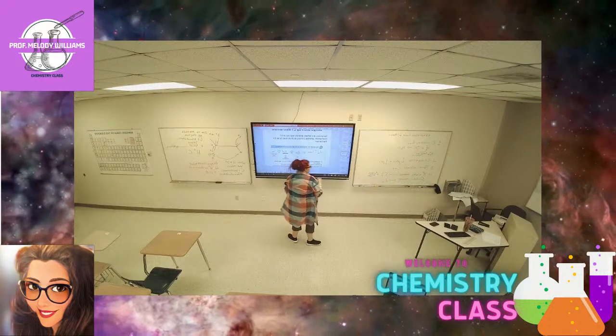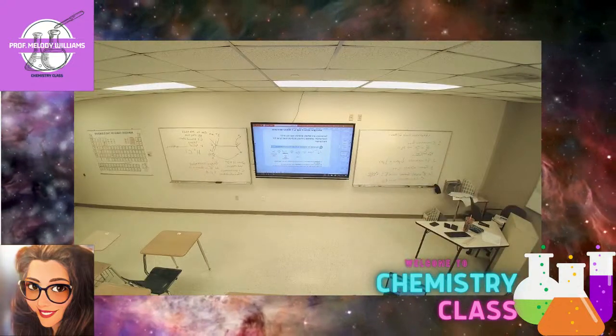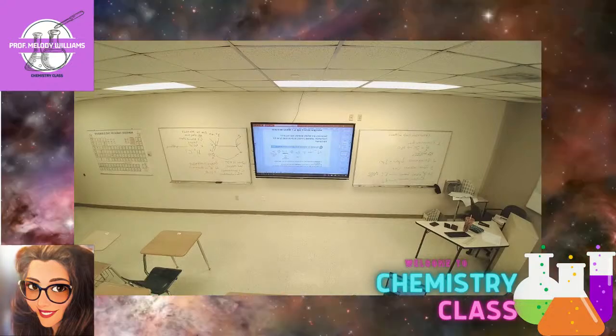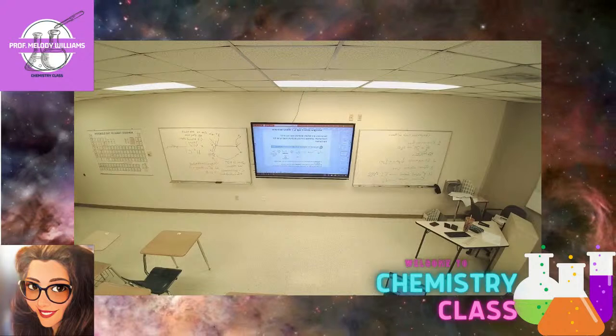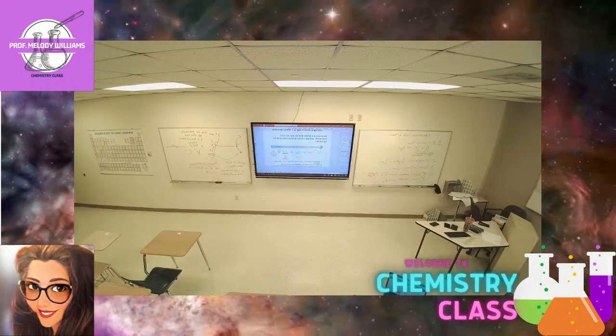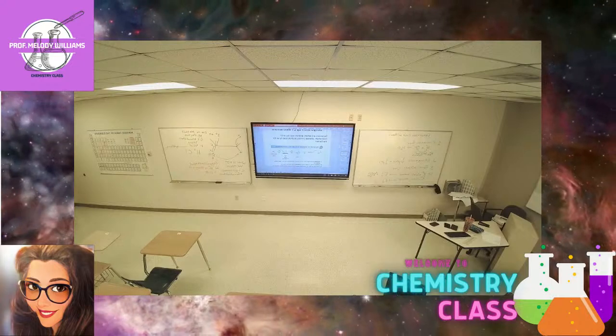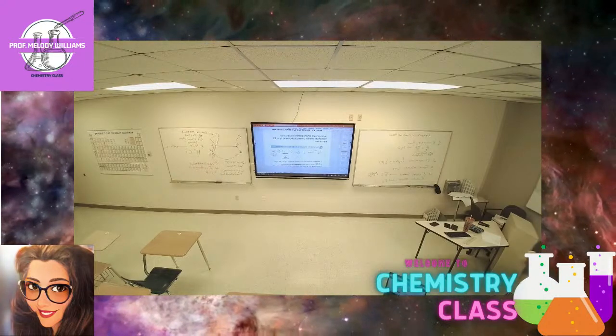So let's write this out in words. Now, one common misconception is that once the hydrogen on an acid reacts, you don't have more hydrogens left. And that's not true.